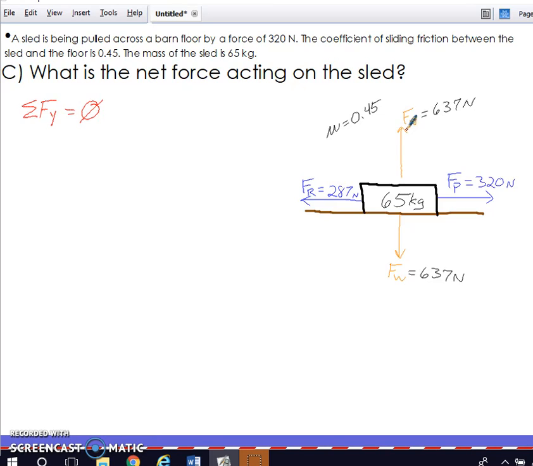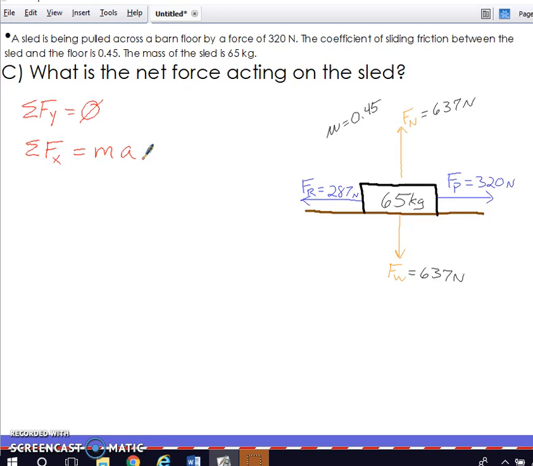There's no acceleration. However, in the x direction, the horizontal direction, I have a discrepancy. Things are not even. My friction is less than the pushing force, the pulling force. So I'm going to start out with the sum of all the forces in the x is equal to mass times acceleration.